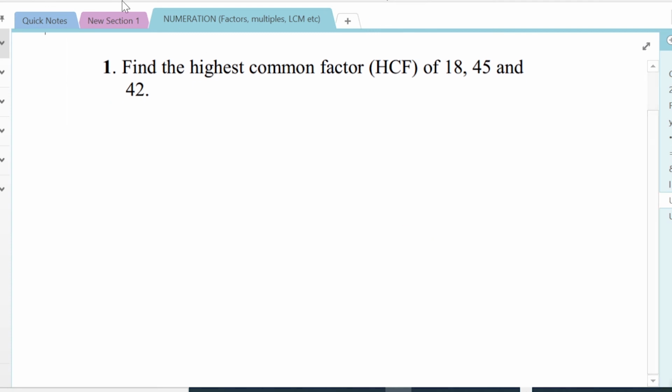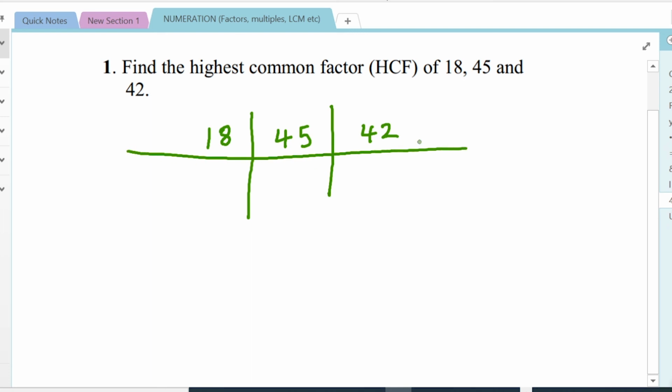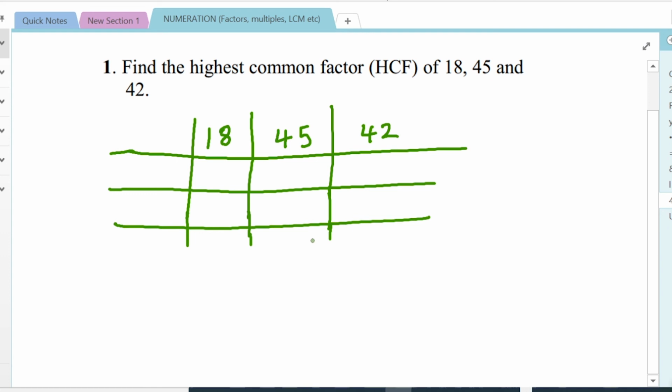So here we have another question. Find the highest common factor of 18, 45 and 42. We do it like the one before, with 18, 45 and 42. We get started by dividing by 2. 18 divided by 2 is 9.